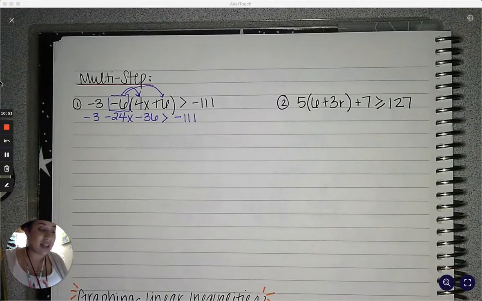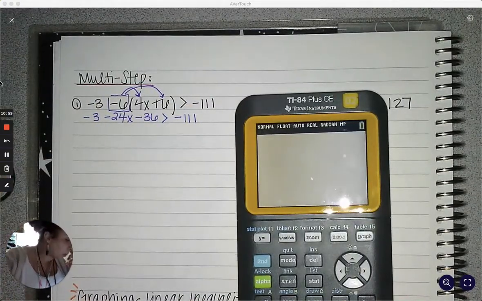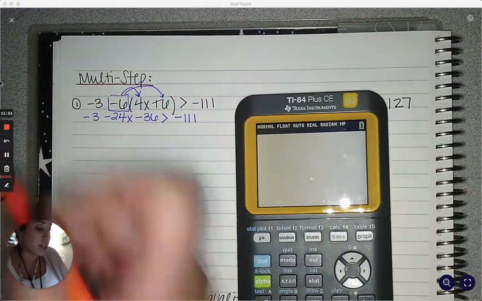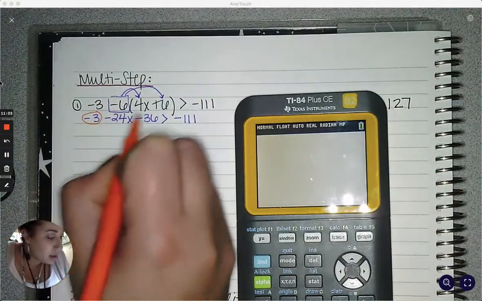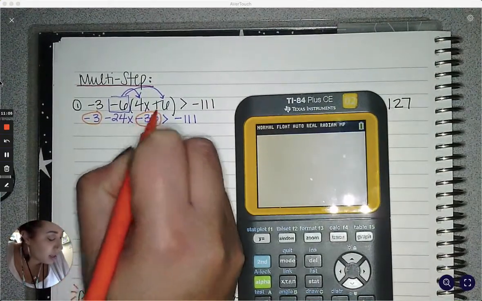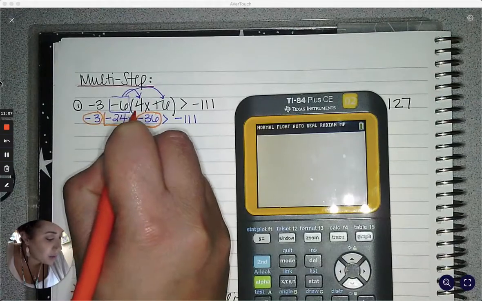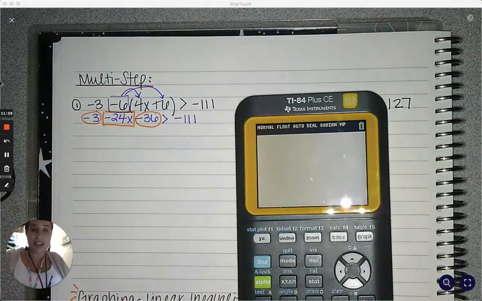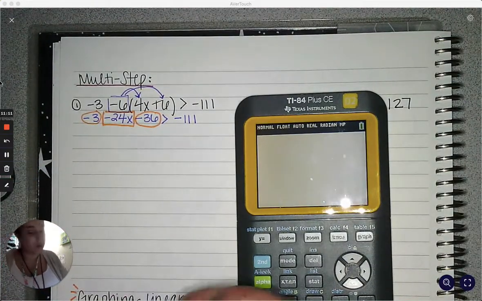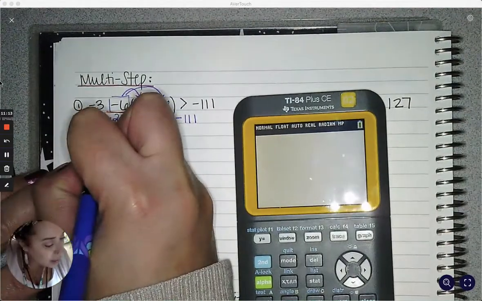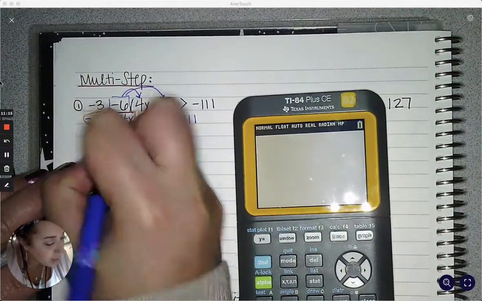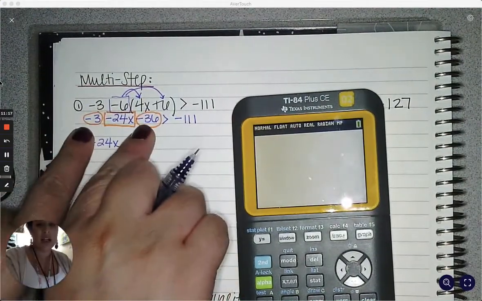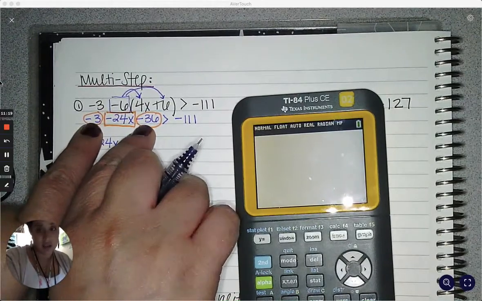So I'm going to combine like terms, and remember, to combine like terms means we're going to add them together. Those are my constants. There's my variable. I see that I only have one variable, so I have this -24x, but now I need to combine -3 and -36.